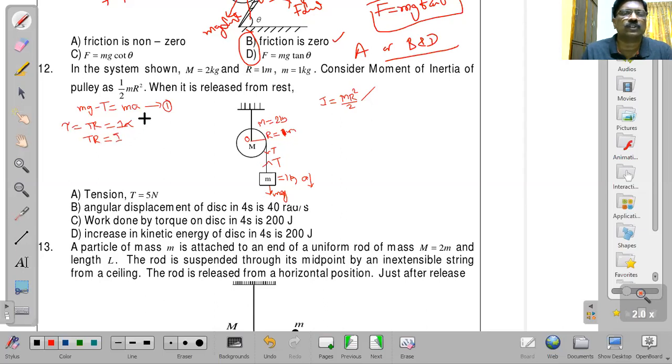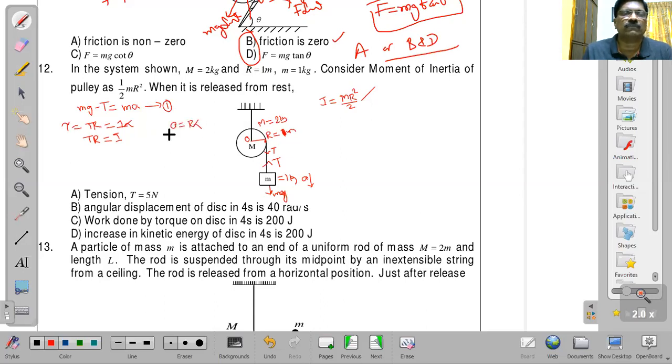Alpha means we can write A is equal to R alpha, no? Because with what acceleration the block comes down, with the same acceleration this point on the circumference of the pulley comes down. That's why the tangential acceleration of this point on the circumference of the pulley and the acceleration of the block are both the same. That's why tangential acceleration A is equal to R alpha.